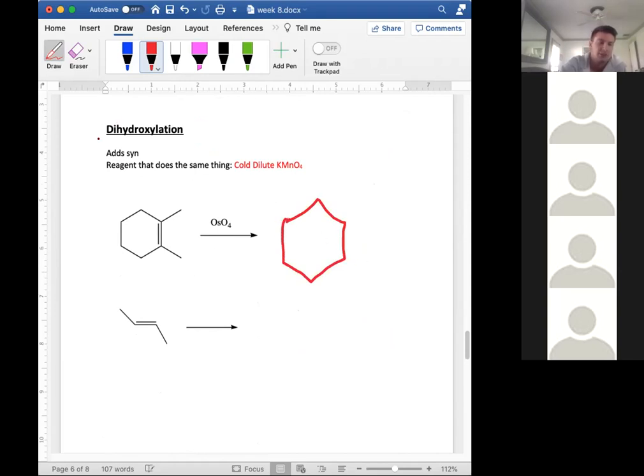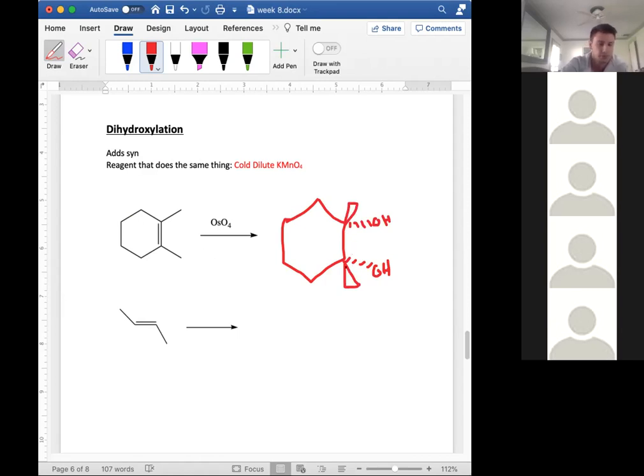And it adds syn, right? I believe the other example was anti, but we're adding syn. And so you could be both wedged or both dashed. Let's just say both dashed. Thus, your methyls be wedged, right?